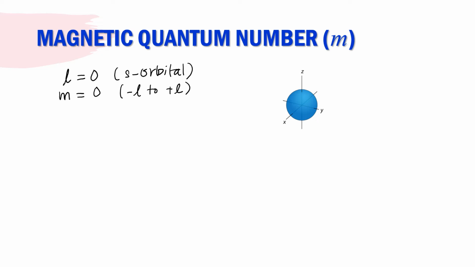Since L equals 0, the value of m is also 0, so we have only one value of m. One value of m represents one orientation. So since this is the s orbital, there is only one orientation of the s orbital.